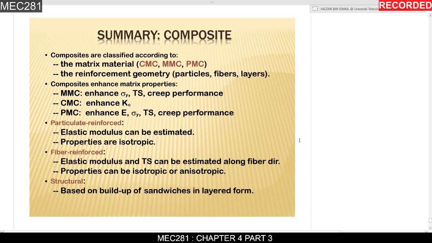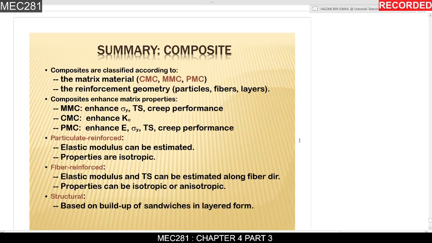Then from that we also have three other categories that we call MMC, CMC, and PMC. That is based on the matrix material. MMC is the metal matrix, CMC is the ceramic matrix, and PMC is the polymer matrix.